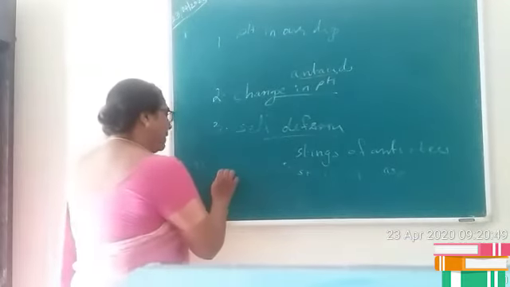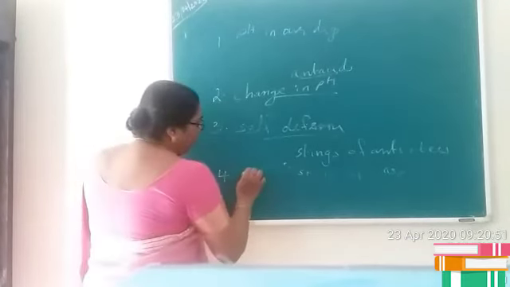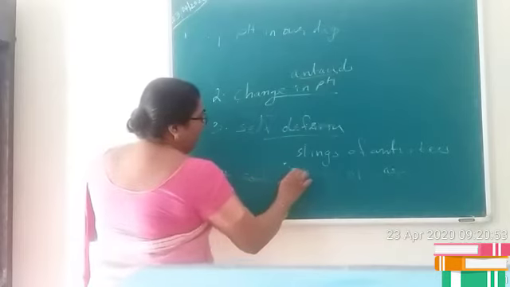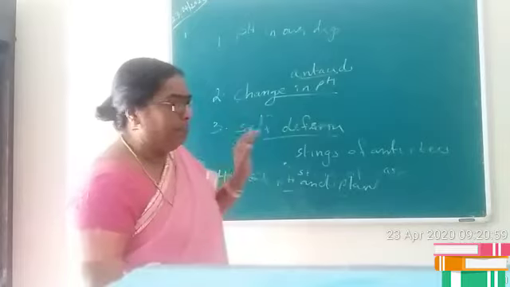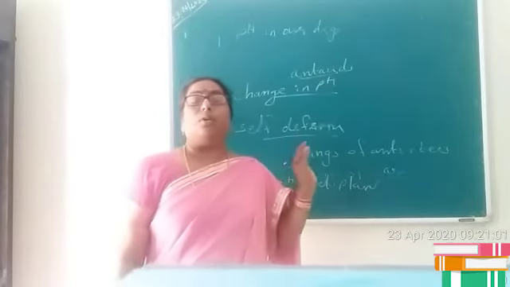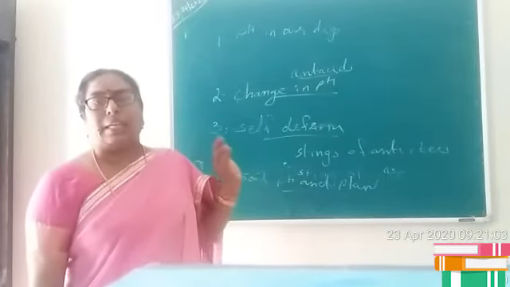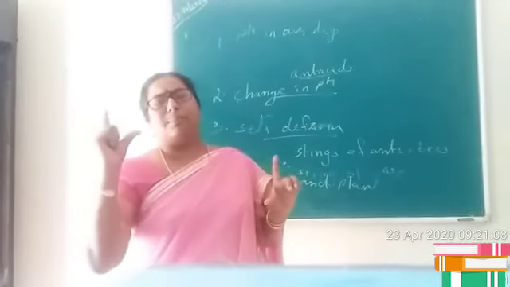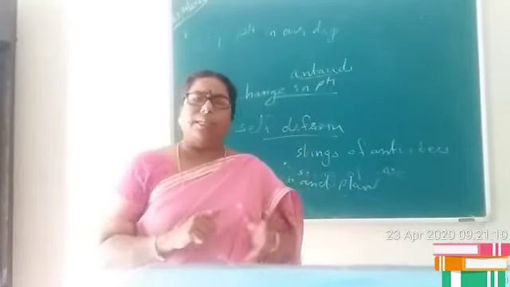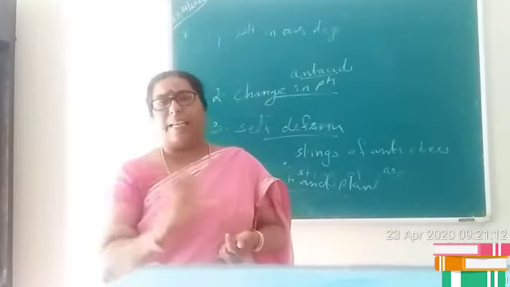And the last application we can consider is soil pH and plant growth. Children, a particular plant needs a particular pH. In order to check the pH of soil, we can do a very simple process. Take some soil in a test tube or a beaker, add some water and shake well.